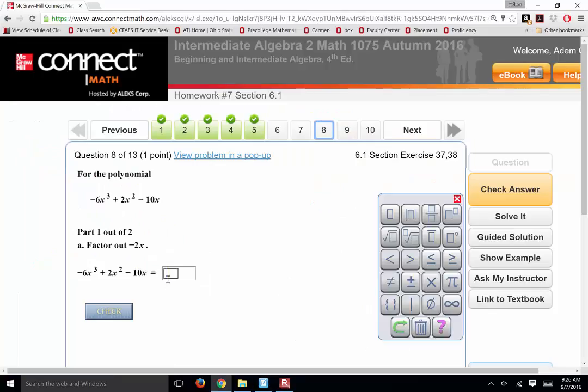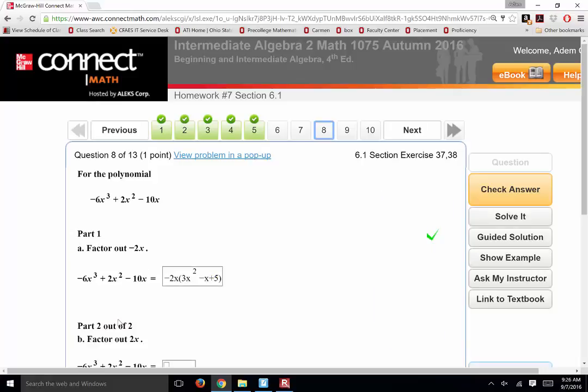So when I take minus 2x out, the result is 3x squared, plus, nope, it's minus x and plus 5. Okay.